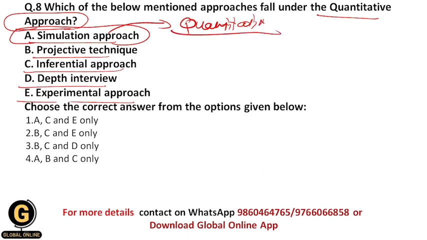Okay, then next is projective technique. Within the projective technique a person analyzes his or her behavior or opinions on certain situations, and that's why here we are going to study the characteristics of human beings, how they behave. And that's why here there is a qualitative approach, not quantitative. What is now the inferential approach?